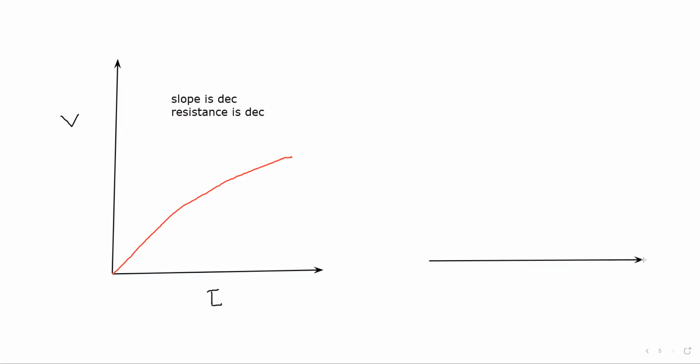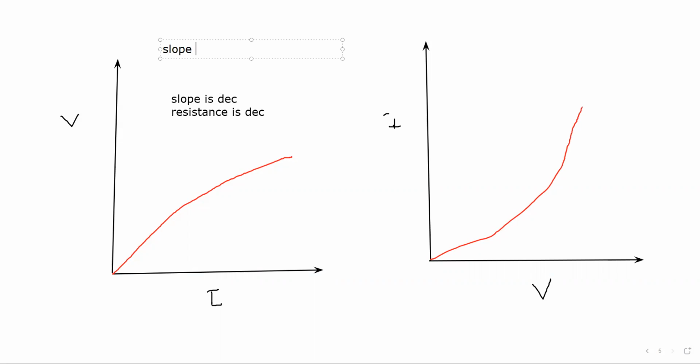If we take current and voltage and represent it, what happened to the slope here? For the first graph, the slope is equal to resistance, and for this graph the slope is the reciprocal of resistance.